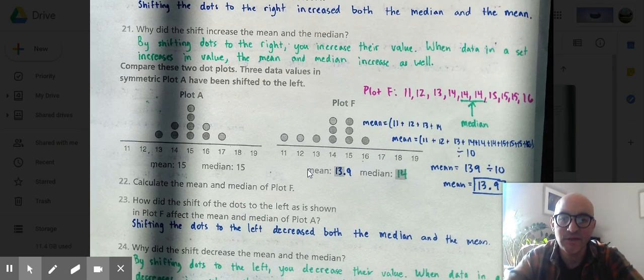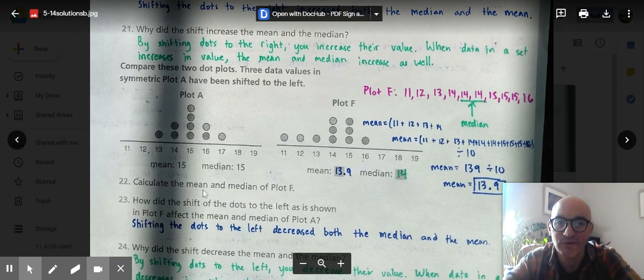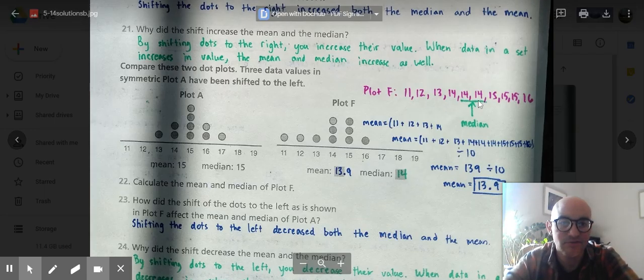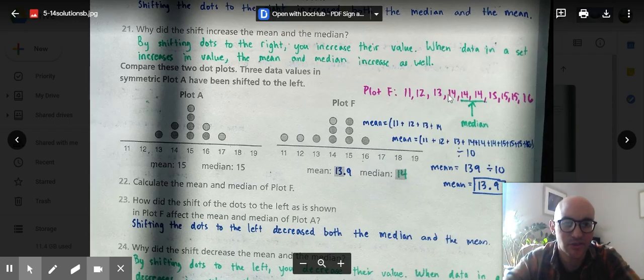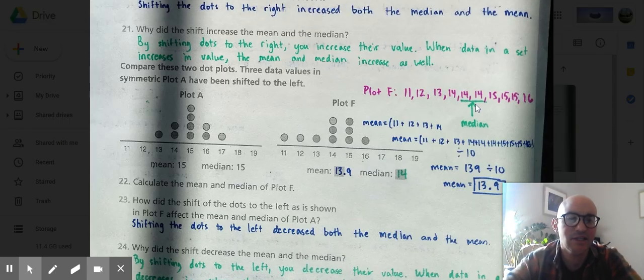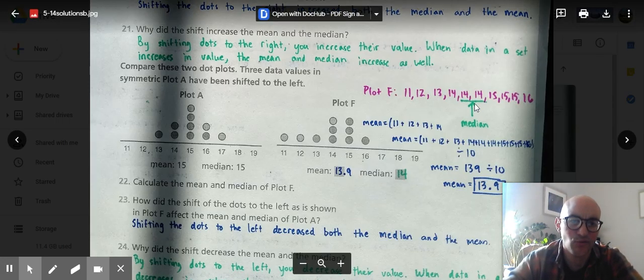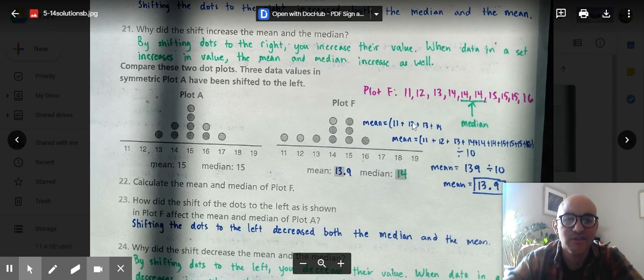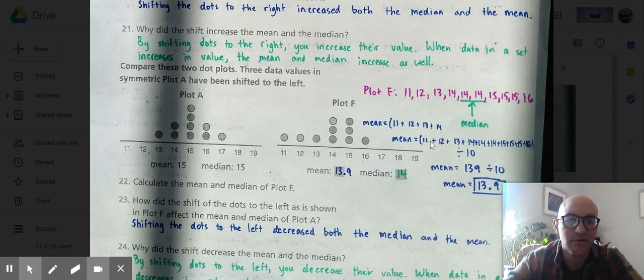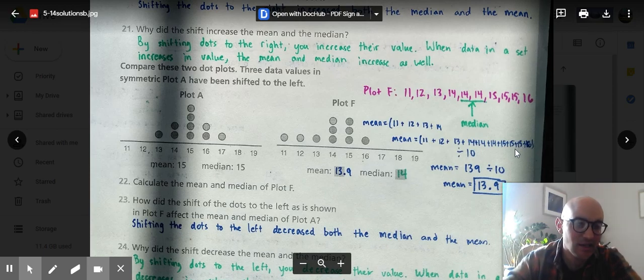So the mean and median for these two: for plot F, I've listed the values. To find the median, start with my smallest, end with my largest, put them in order, and I find that the median for plot F is 14. So I write 14 down here. To calculate the mean, I add up my total set of values, 11 plus 12 plus 13, and so on.